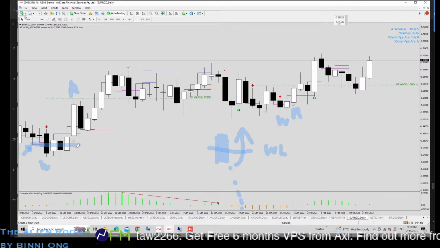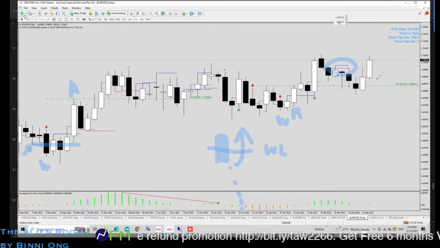So this is basically the meaning of wash and rinse and how to interpret all these arrows or ticks in a day chart. When you see arrows and ticks, it merely tells you that there is a wash and rinse. And all these lines being drawn are guidelines that can show you very carefully your support and resistance.